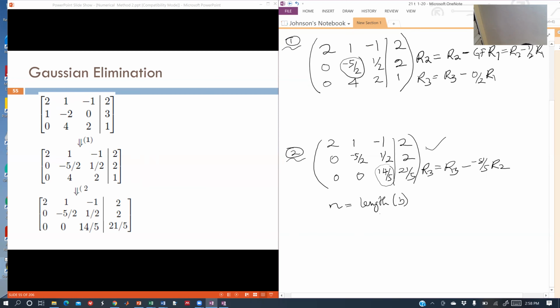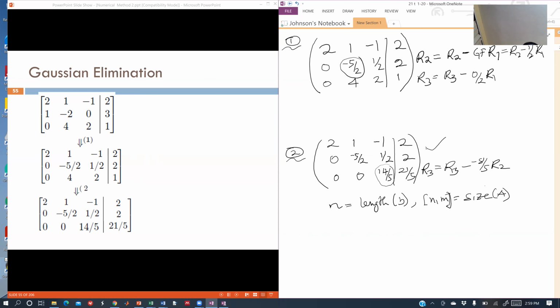Somebody can also say that I'm going to set n, m equal to the size of the matrix A. In this case, n is the number of rows and m is the number of columns. So in both cases, we have the value of n.